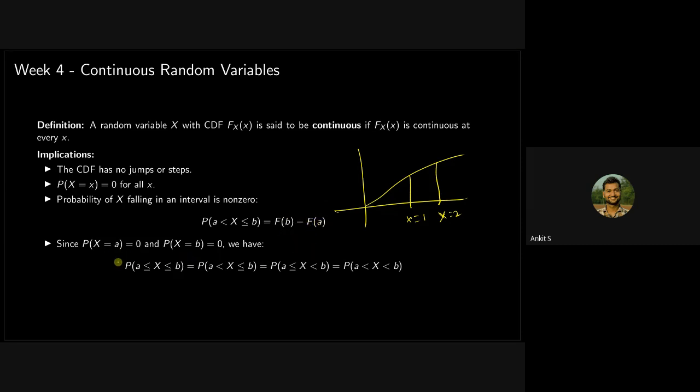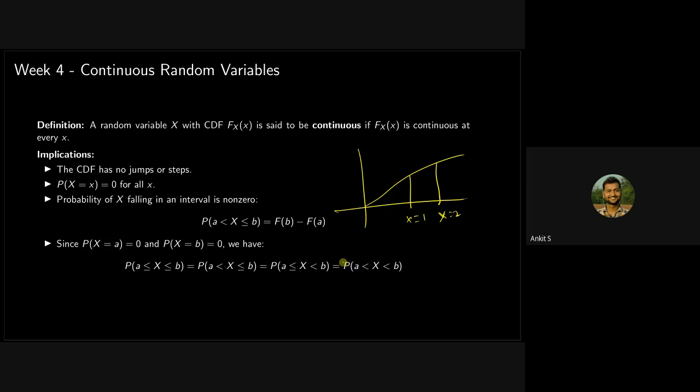Okay, so since at any point the probability is 0, this is a very cool thing: the probability that x will be between a and b, whether you include a or not include b, does not have any effect. Okay, so all of you have seen this equation. Great. So remember it, because sometimes you get confused in your own head.